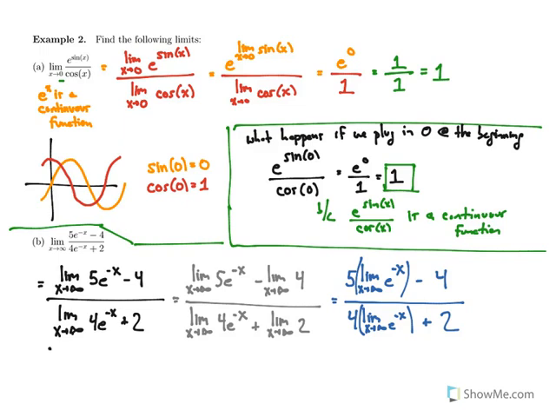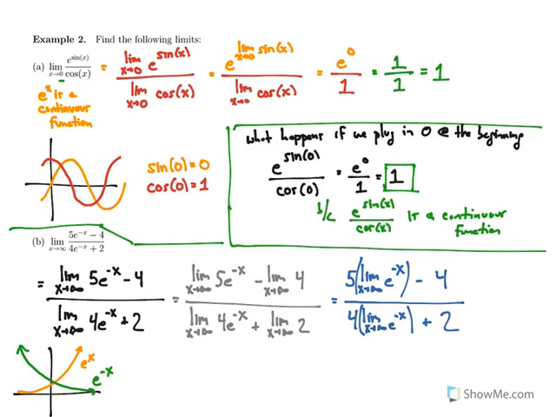And this might help out to know the graph of e to the x, which means that the graph of e to the negative x is the reflection over the y-axis.